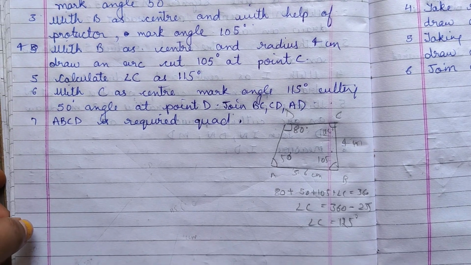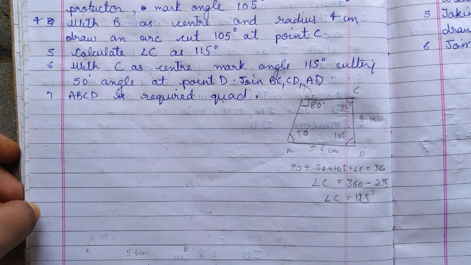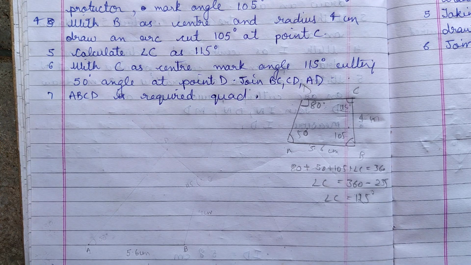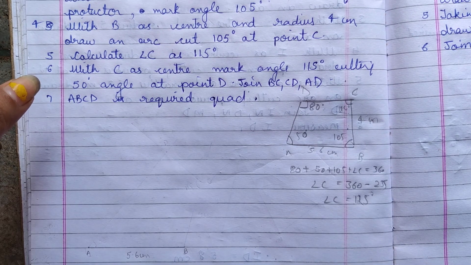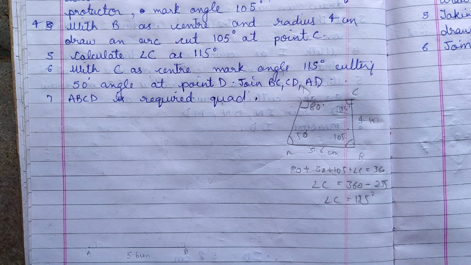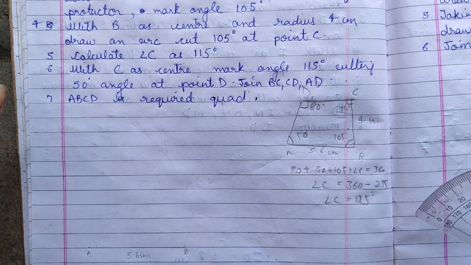So starting with the construction work, first of all we need to draw a baseline which is AB of 5.6 centimeter. So I've already drawn that. AB is equal to 5.6 centimeter, and angle A is 50 degrees. Since we can't make 50 degree with the help of compass, we will make it with the help of protractor.